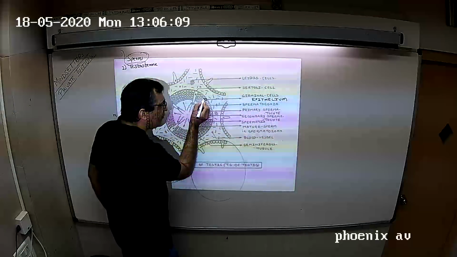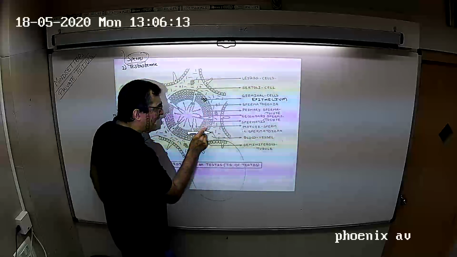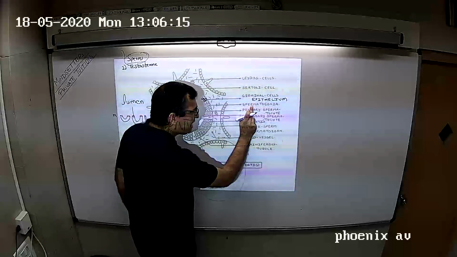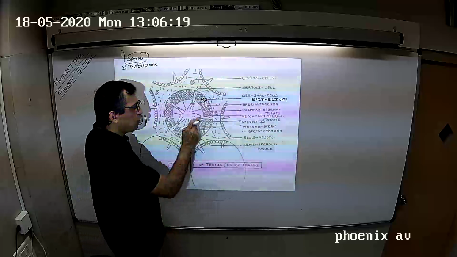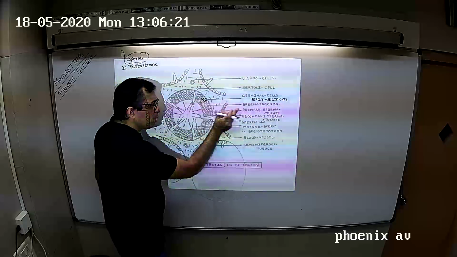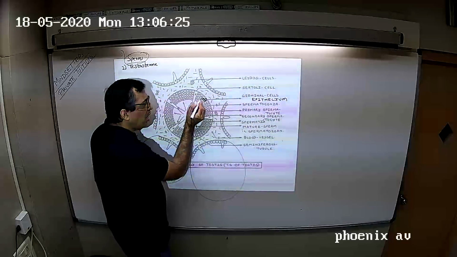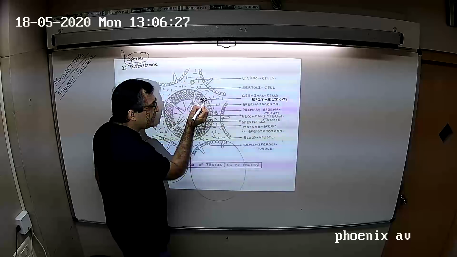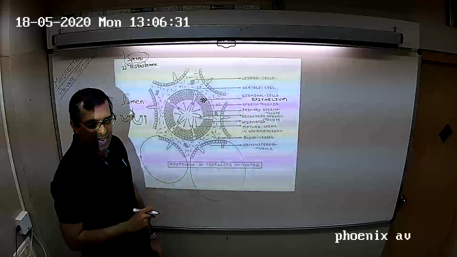Germinal cells will first divide to form a layer of cells called spermatogonia. Spermatogonia form cells which are called primary spermatocytes.